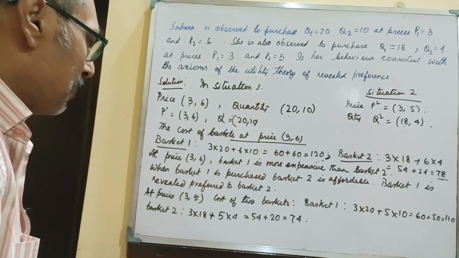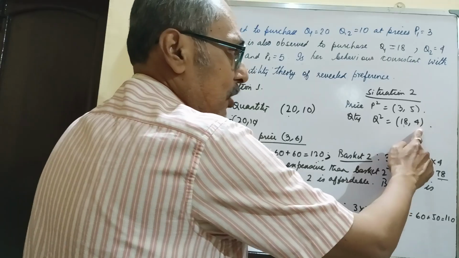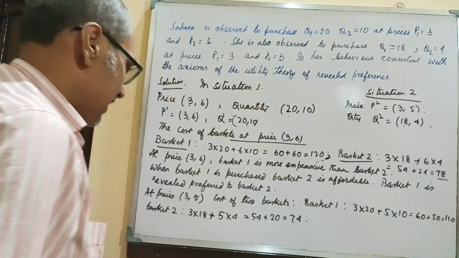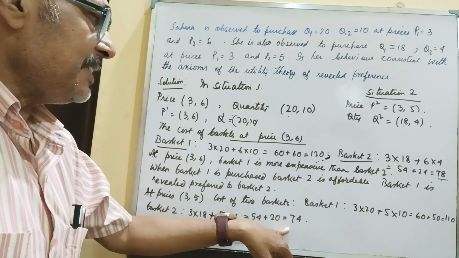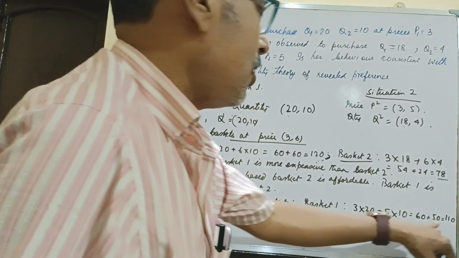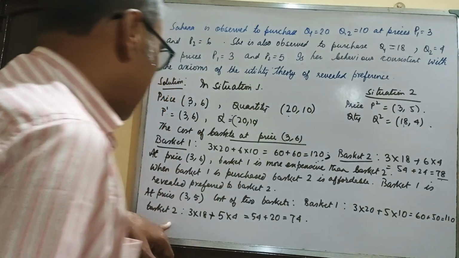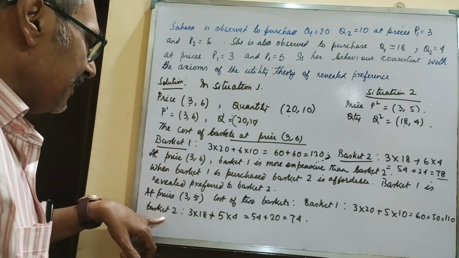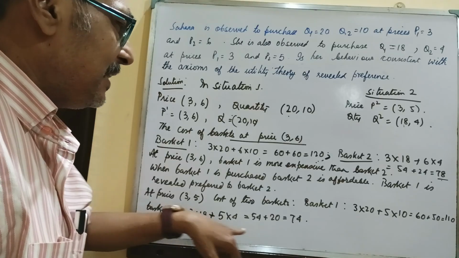That means in this situation, this basket 18, 4 is purchased. Basket 2 is purchased, but basket 1 is not affordable. Basket 1 is more expensive than basket 2, but in this price situation, basket 2 is purchased. What does it mean?